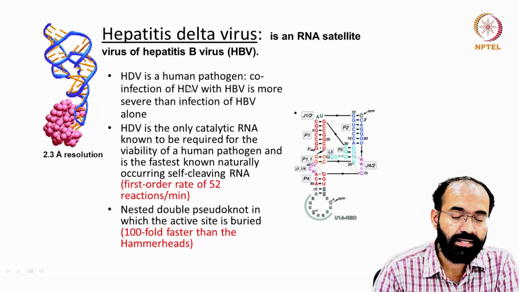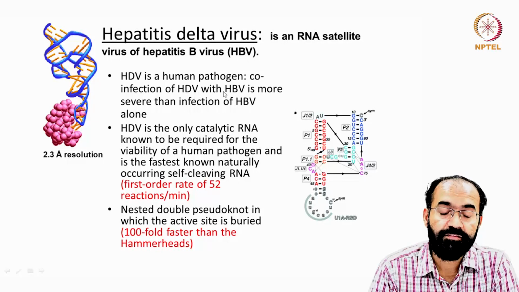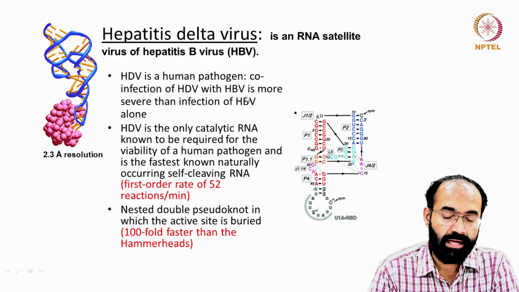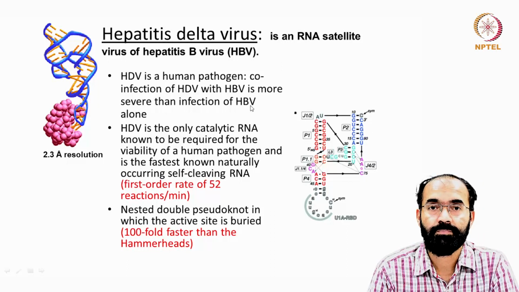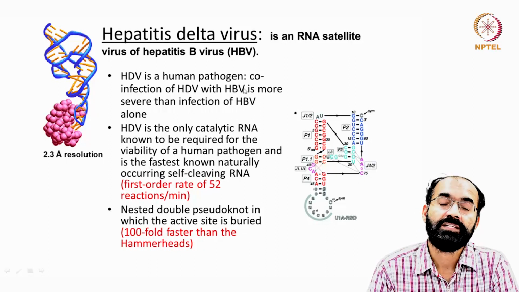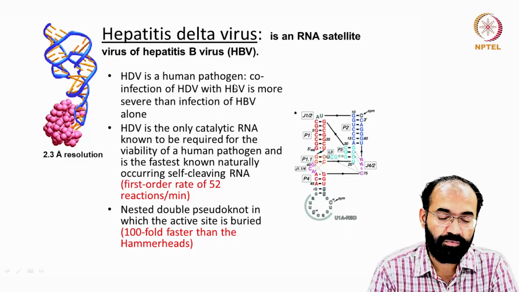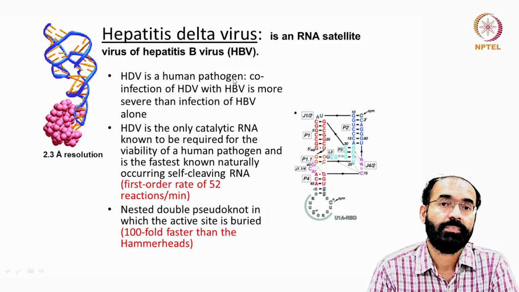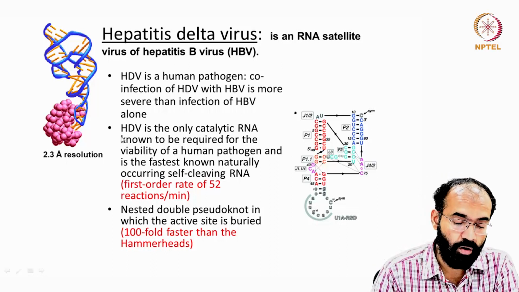So HDV is a human pathogen. Remember, co-infection of hepatitis delta virus with hepatitis B virus is more severe than infection with HBV alone. Or in other words, if a person has HDV alone, it is less likely to be detrimental for the life of an organism, whereas if that person encounters an HBV, hepatitis B virus infection, then things can go really wrong.